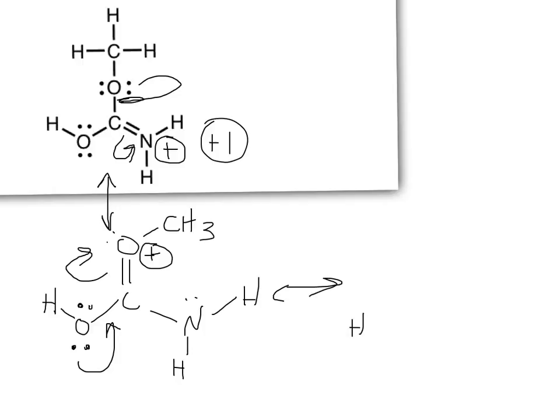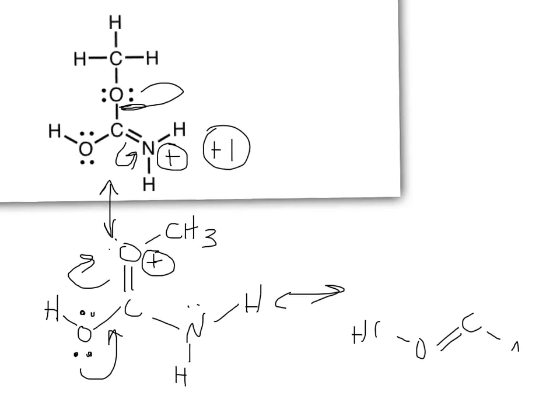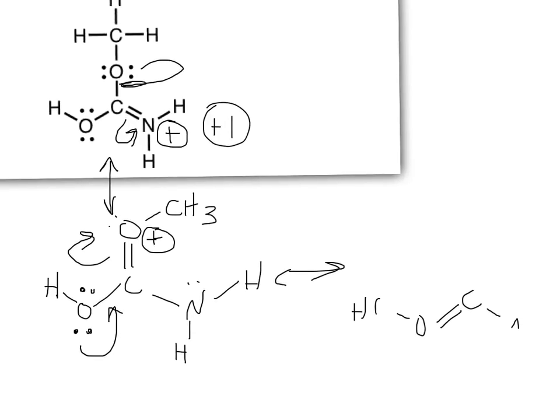So that gives me this picture. Double bond now. Don't forget the formal charge on the oxygen. NH2. And no charge here. So these are the resonance structures for this species.